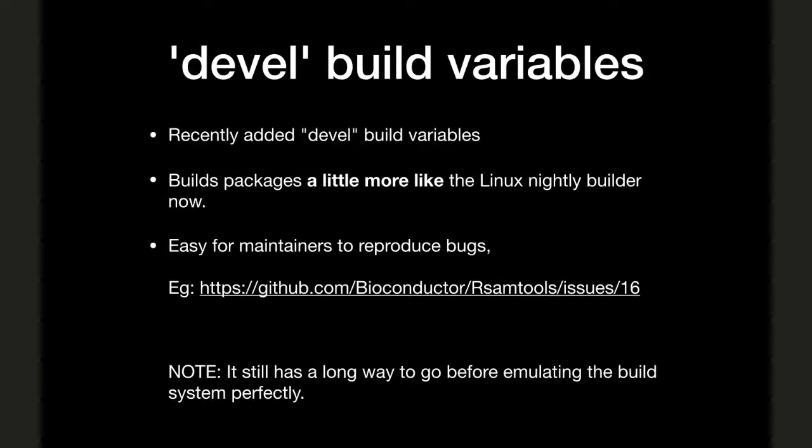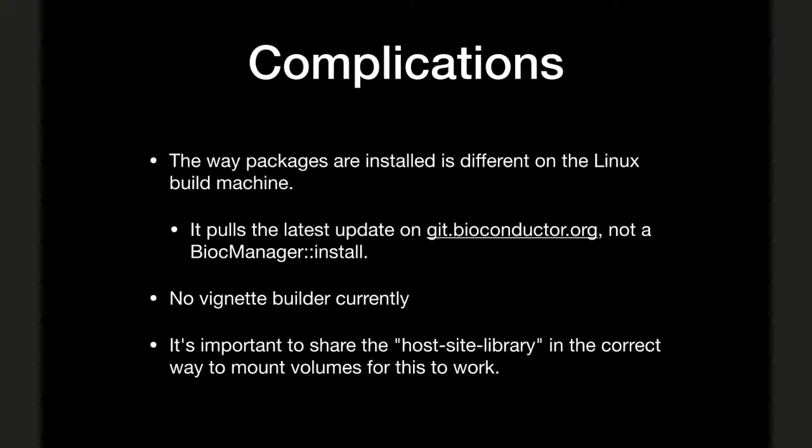I just want to add that the devel Docker image still has a long way to go before it emulates the Linux build system perfectly. There are a few complications in the way. It's not an extensive list, but it touches on a few of them.